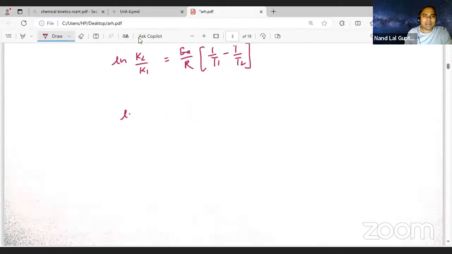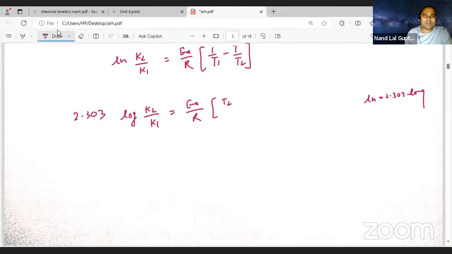Now you can convert ln to log, with ln equal to 2.303 log. The conversion factor is 2.303, so 2.303 log K2 upon K1 is equal to Ea upon R times T2 minus T1 upon T1 T2.